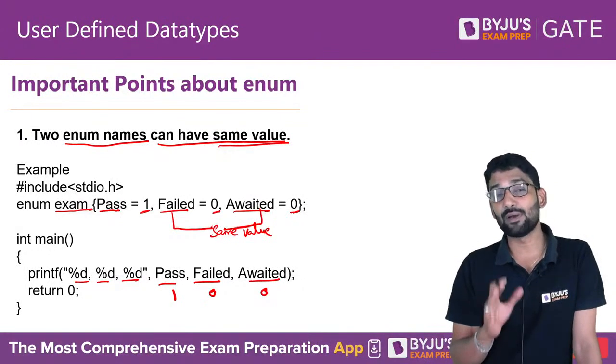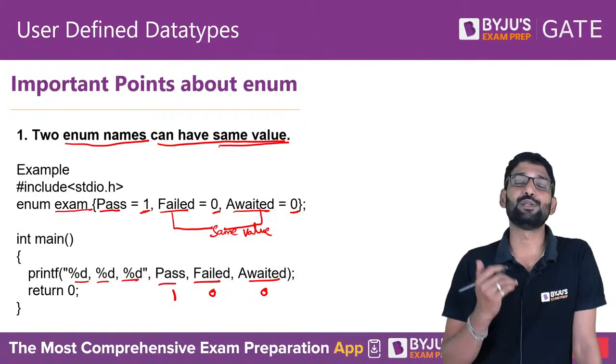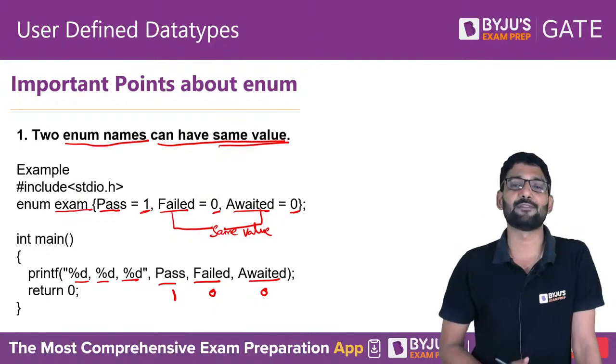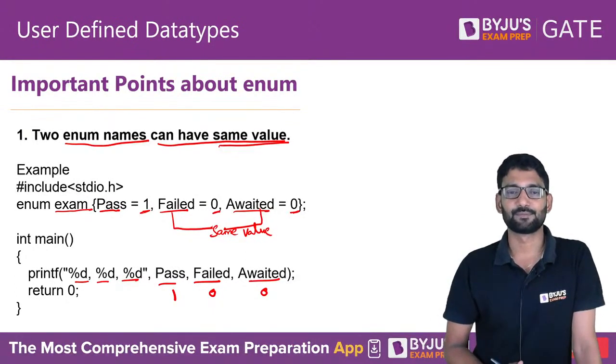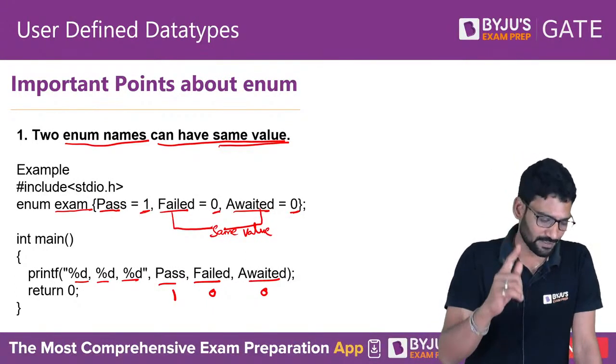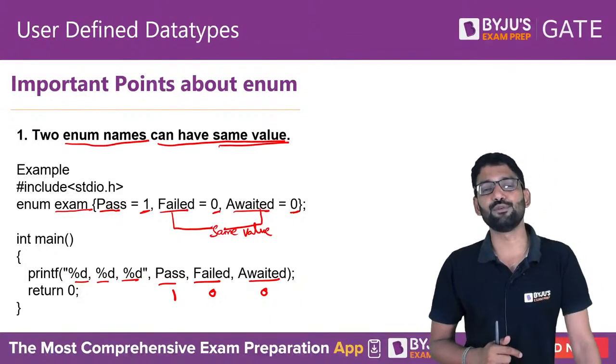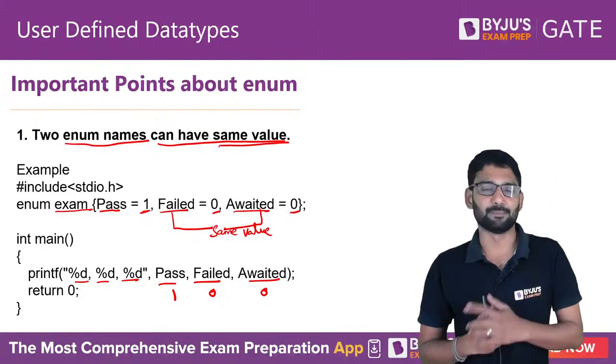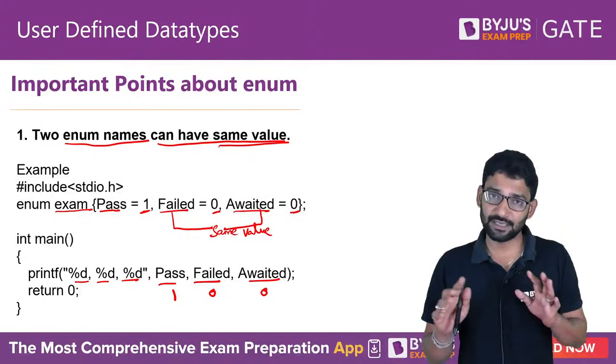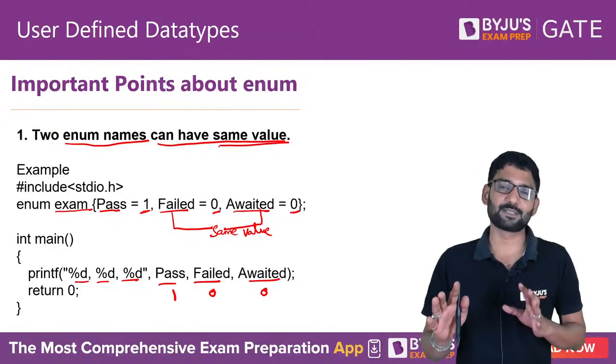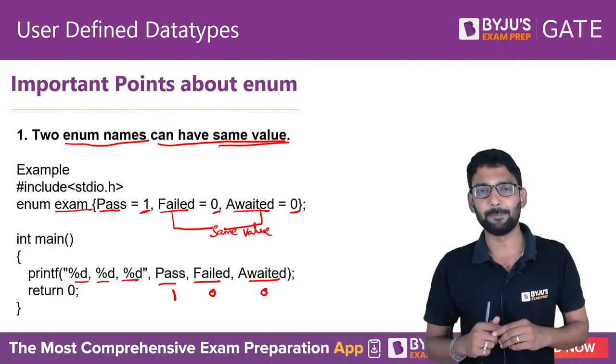When will the default value be taken? When the user has not assigned any value. So this is the first important point you have to understand about enum. Is this first point clear for everybody?